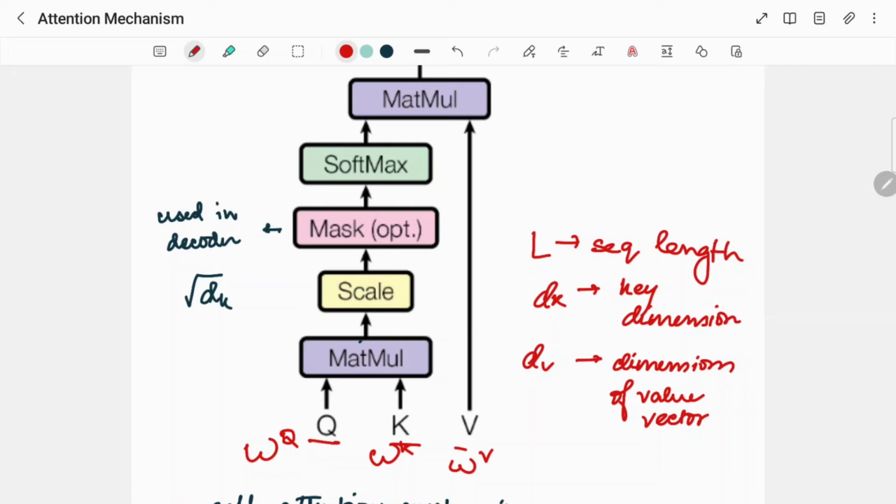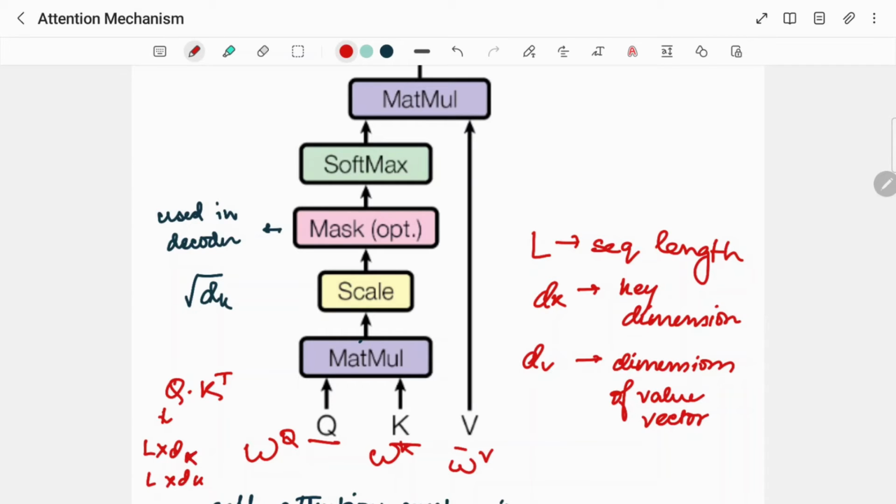You see here we have three matrices Q, K and V. Between Q and K we have a matrix multiplication. So we have Q dot KT, we take a transpose because the Q matrix will have the dimensions L cross DK and the K matrix will also have L cross DK.